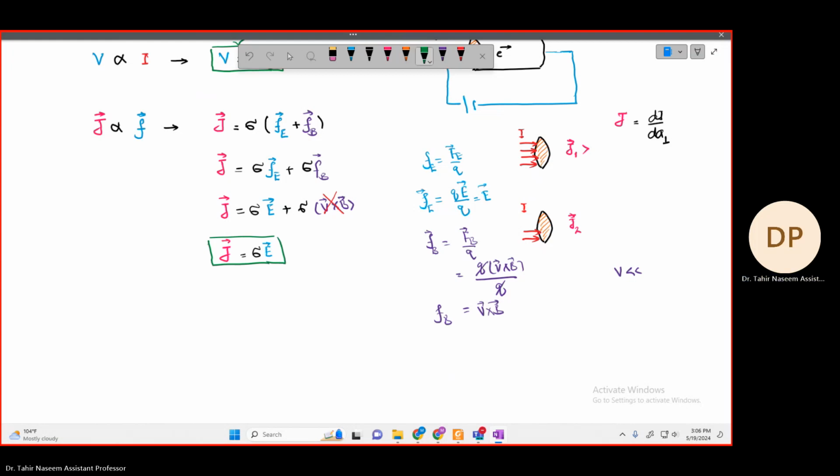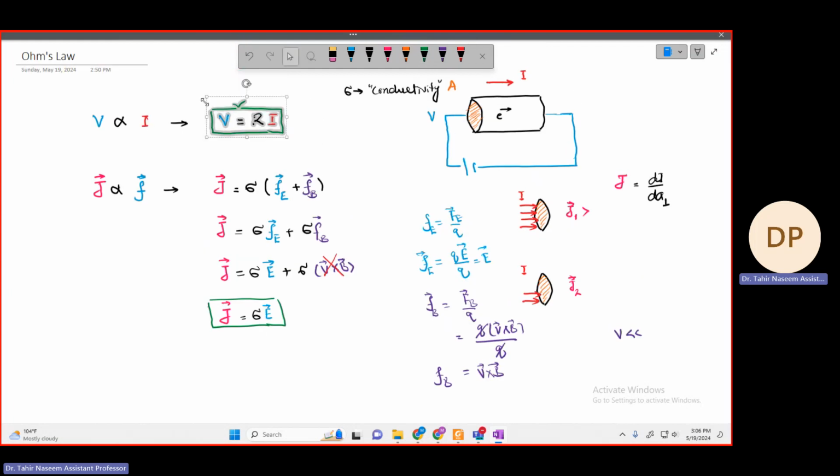Okay. And one can, of course, switch between one expression to the other. It's not that difficult. For example, maybe we can do it quickly here. So in case of a conductor, let's suppose the length of this conductor is L, right?